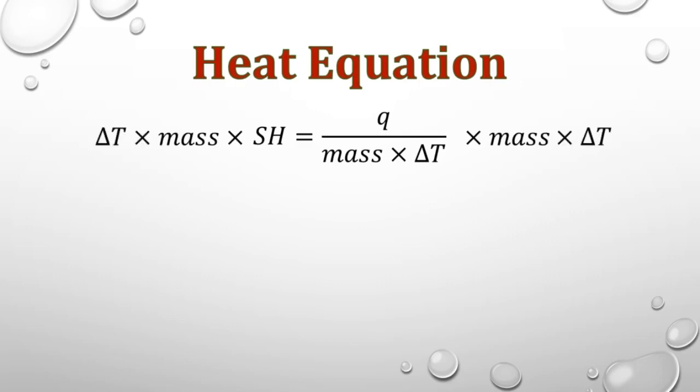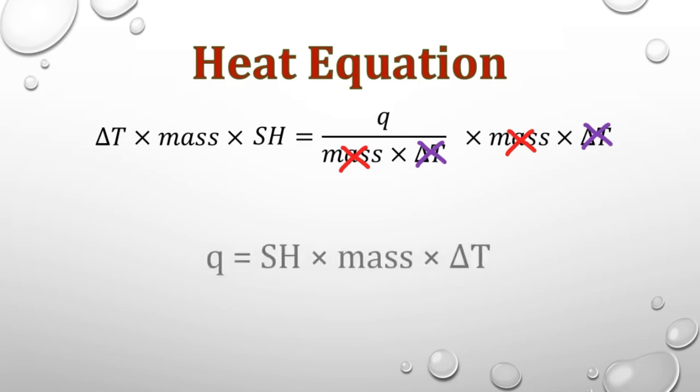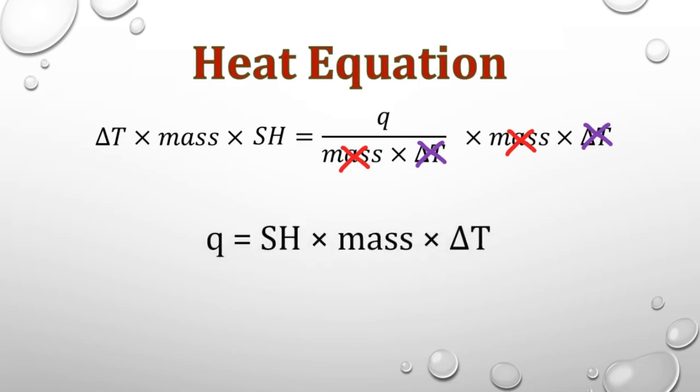We can now see that the mass variable cancels out, as does the change in temperature. On the right side of the equation, we're left with delta T times mass times specific heat equals Q. This is how the equation is normally written.